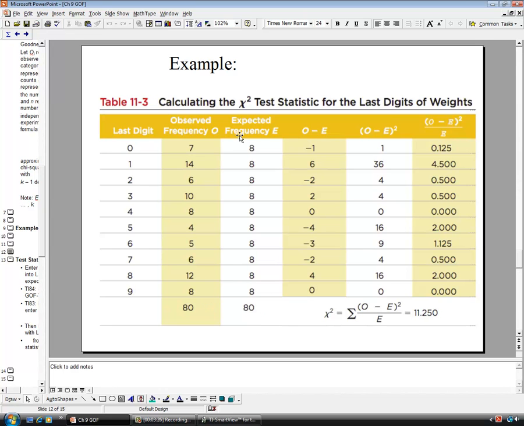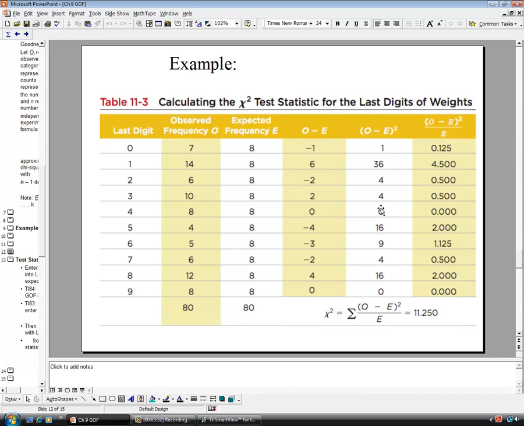Now each expected value will be 8. Again, that is 80 times 0.1. That's where the 8 comes in. And this next column takes each observed value minus the expected. So these are going to sum to 0 because they would have to, but you notice that anything below the expected will be negative, anything above positive, but once we square them they will all be non-negative.